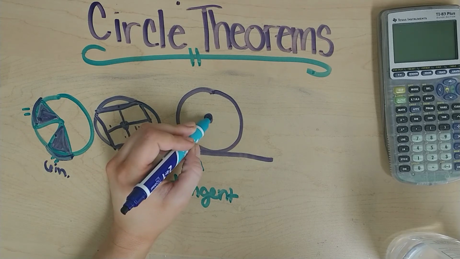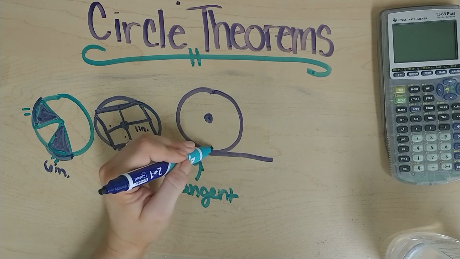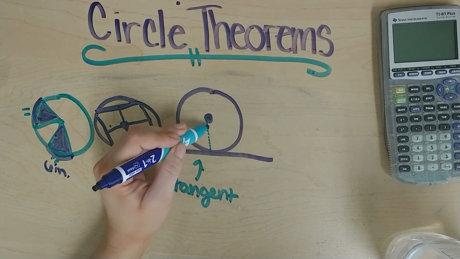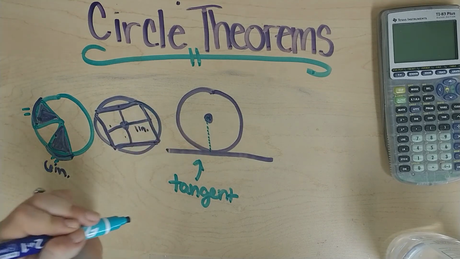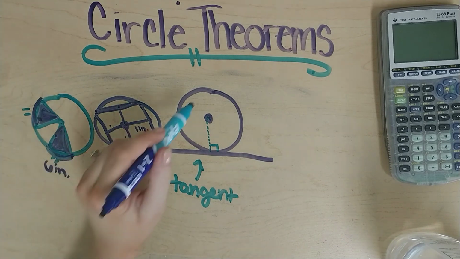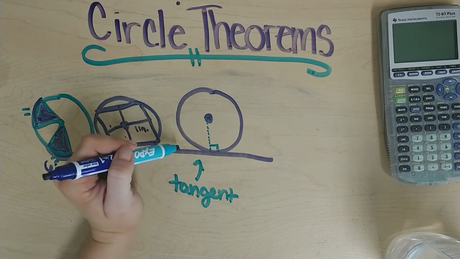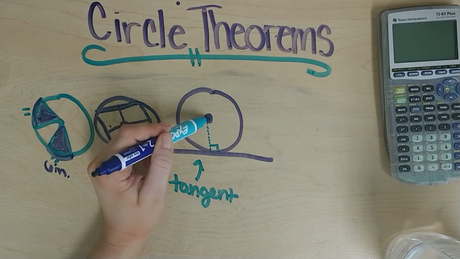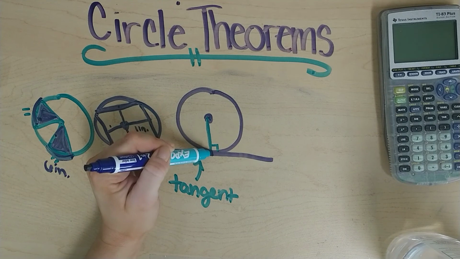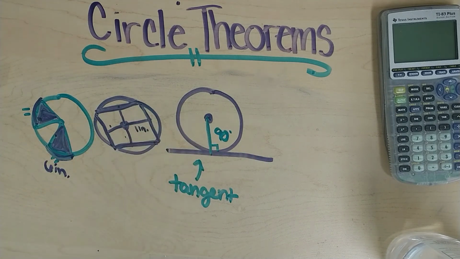From the center of this circle, imagine this is a tire standing on a road. This straight line from the center straight down to my tangent is 90 degrees. Very obvious. If I have a perfect tire or a donut or whatever you want to wish it were, if I take from the center of that circle straight down to my tangent, it's 90 degrees. It creates a 90-degree angle.